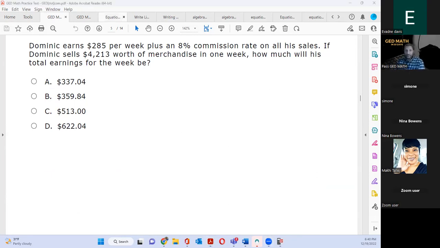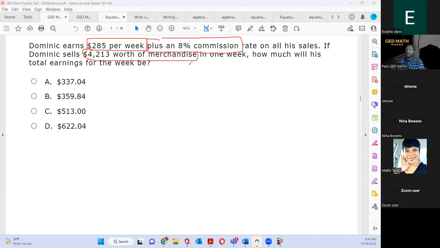$285 per week plus 8% commission. Okay. What else? If Dominique sells $4,213 worth of merchandise in 1 week, how much will his total earnings be? Okay.